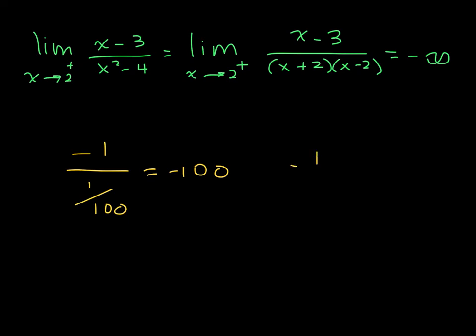Imagine if this is -1 over 1 over 100,000. Now this is -100,000. So as the numerator is approaching -1 and the denominator is approaching 0 through positive values, the ratio is tending toward negative infinity. Let's look at a different function now.